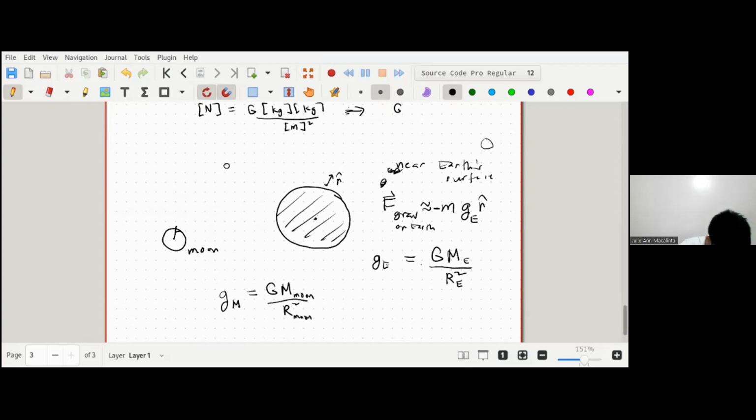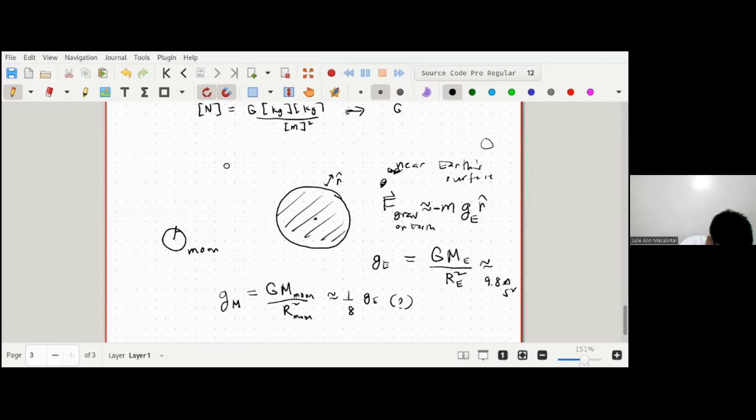This is g sub e, that's approximately 9.8 meters per second square. The g moon over r square moon is approximately one eighth g sub e. Hindi ko maalala yung number. I think it's either 1/4 or 1/8. But it's going to be smaller.